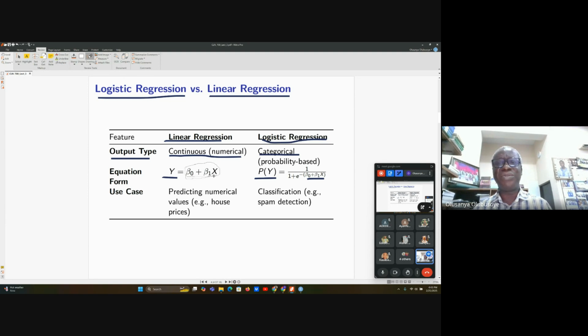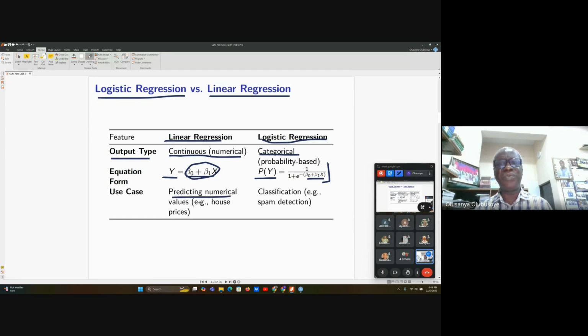So you can see the logistic regression as having a component of the linear function as an exponent. So this is the expression for the probability of y.